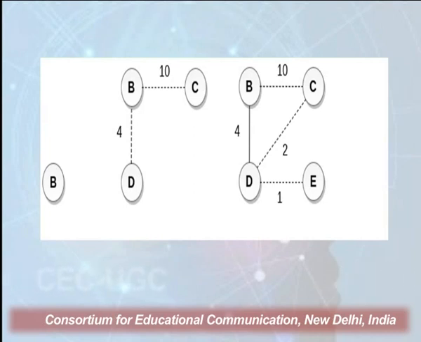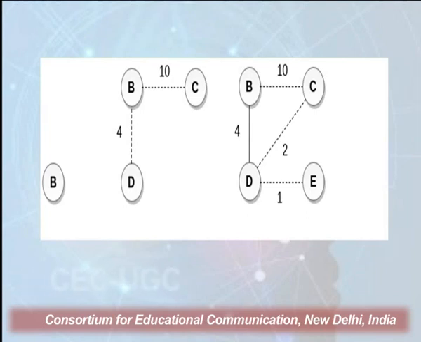In this figure we can see that initially the set of vertices of the minimum spanning tree was empty. Now after picking B, we have included B into that particular set, and B has been removed from the set of vertices which are not included in the minimum spanning tree, because B is now included. So after inclusion of B, we look at the adjacency list and find BC and BD with weights 10 and 4.